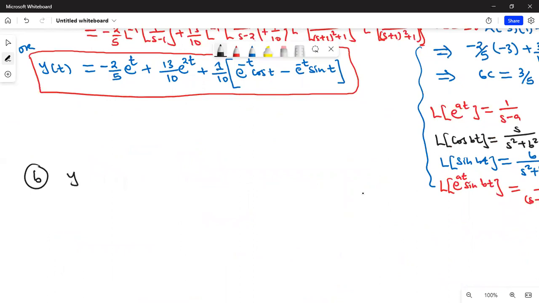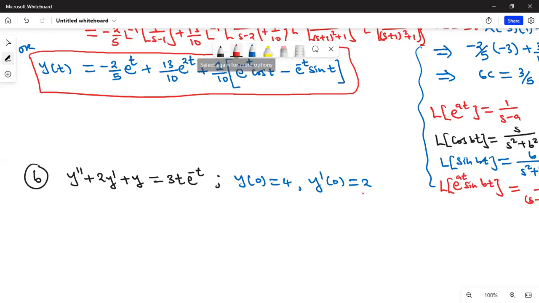Y double prime plus 2y prime plus y is equals to 3t exponential negative t. And remember the conditions are that y of 0 is equals to 4 and y prime of 0 is equals to 2.